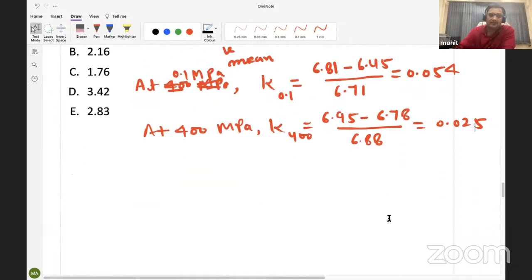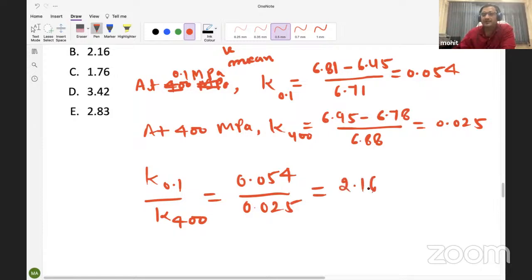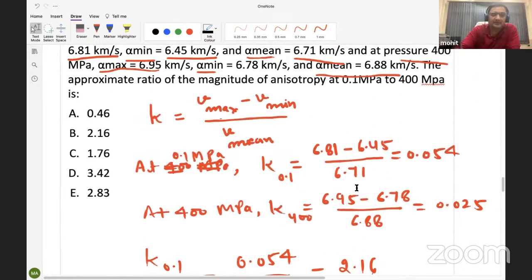Now we can easily calculate the ratio, k at 0.1 divided by k at 400, which is equal to 0.054 divided by 0.025, and when we solve it, it is 2.16. So the ratio is 2.16. When you look at the options here, option number B is correct.